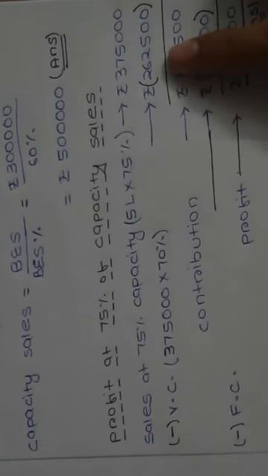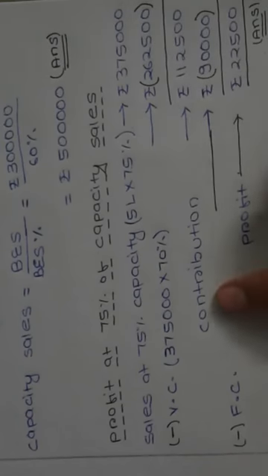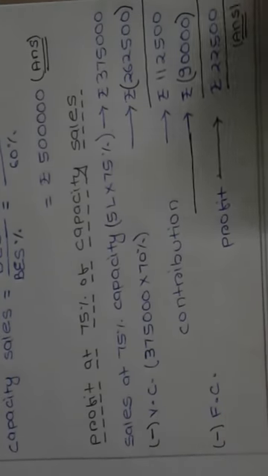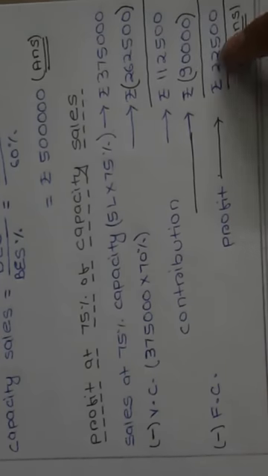Both will give 2,62,500. So contribution is coming 1,12,500, less fixed cost 90,000 given in the question, so it is giving a profit of rupees 22,500.